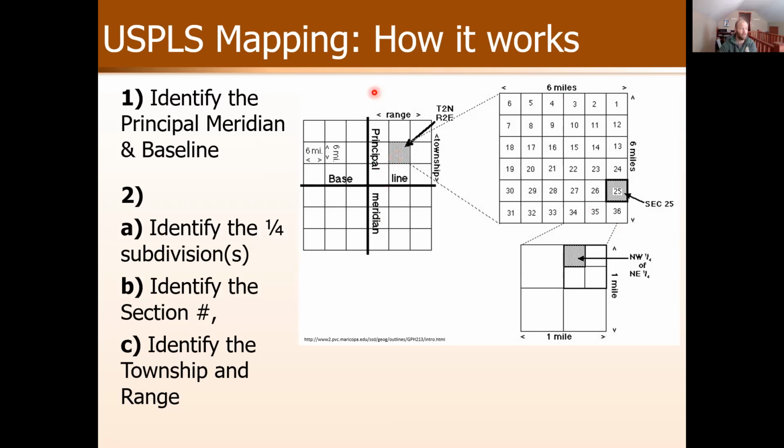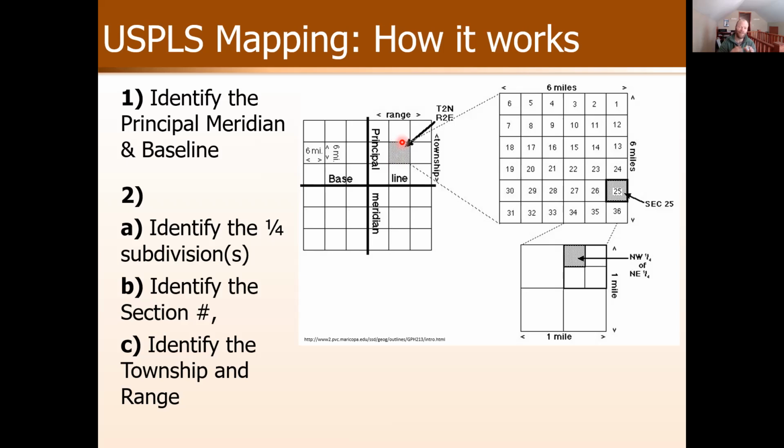And then similarly, we go range 1 east, range 2 east of that principal meridian. So we've gone 2 ranges to the east of the principal meridian. As it's written in this example, we're in township T2N, range R2E, so R2E. That's our township and range.